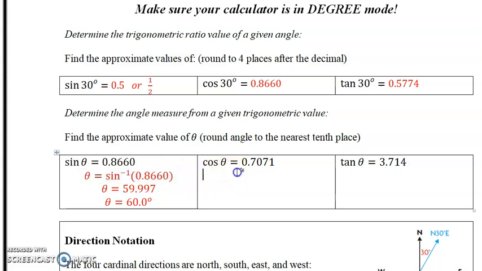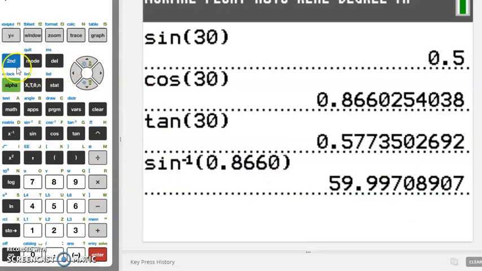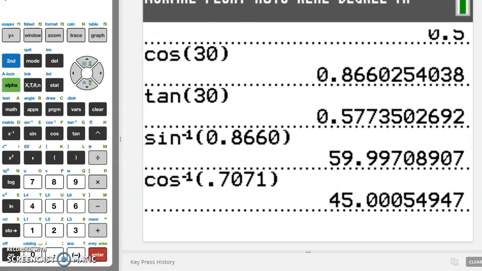Do the same thing with the inverse cos. So if cos theta equals 0.7071, we do inverse cos, and then we say theta is equal to, we go to our calculator, second function cos, decimal 7071, close my bracket, enter, we have 45.00.